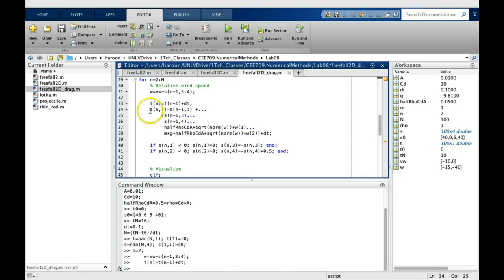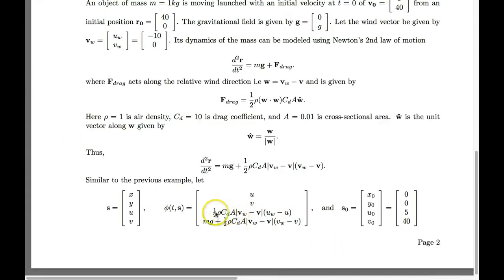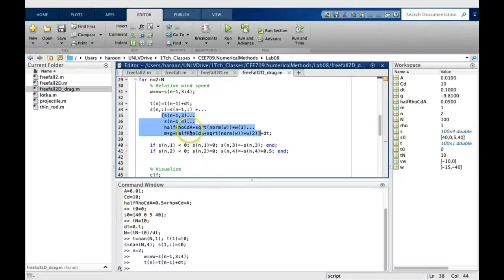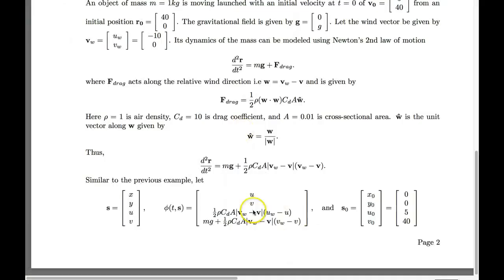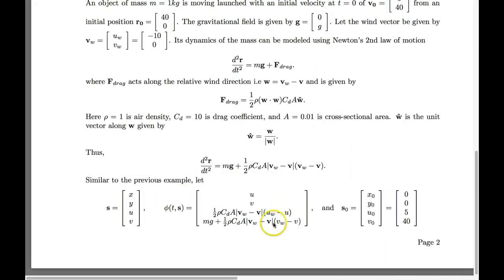And here is the state update. And here we are saying that the current value of the state is the previous value of the state plus the slope times dt. And this slope is coming from here, half rho CdA, which is a single constant, times the square root of norm of W. So norm of W is W squared, and then we take the square root to get the magnitude of VW minus V. And the last term is W1, which is the UW minus U, as shown here.